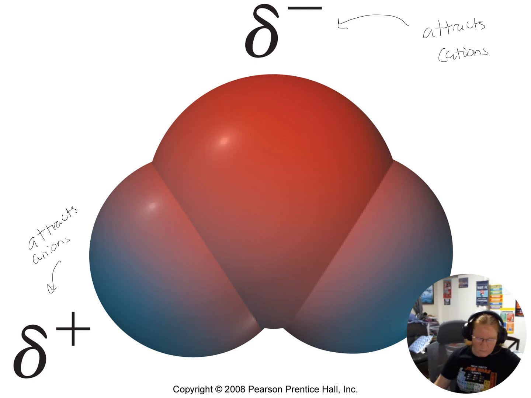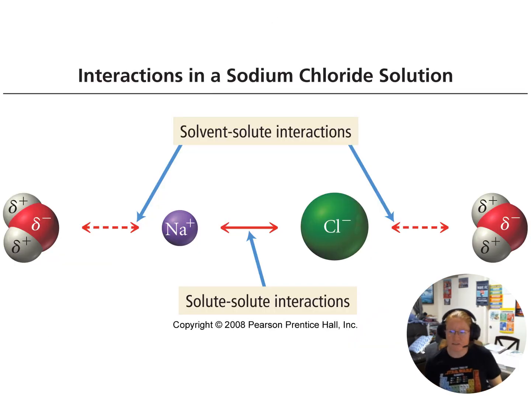And so when we have a solute that is soluble, such as sodium chloride, we get this sort of situation happening. Again, that partial negative end on water is going to interact with the positive cation. The partial positive end on water is going to interact with the negative anion. And so we get these solvent-solute interactions between those parts.